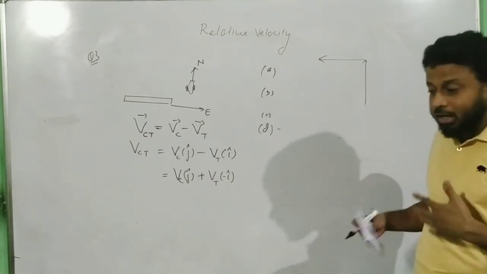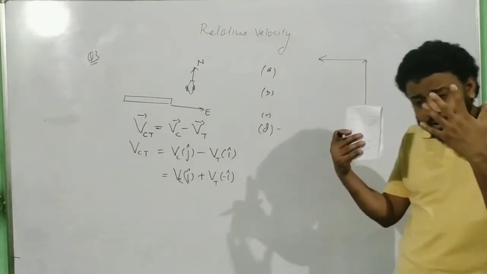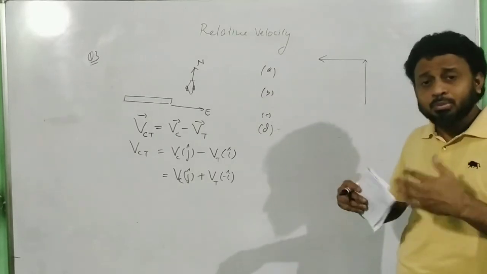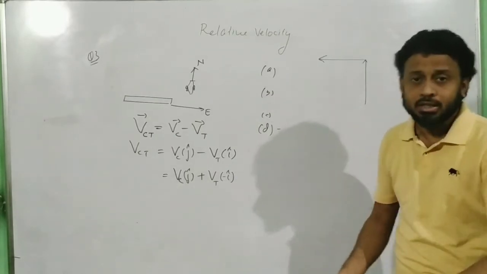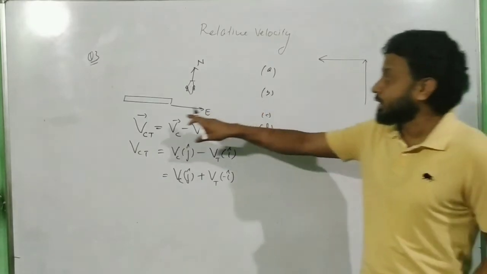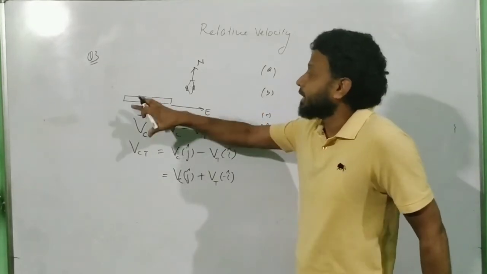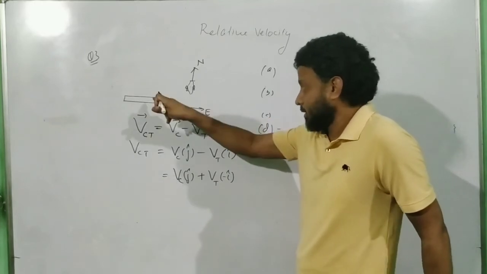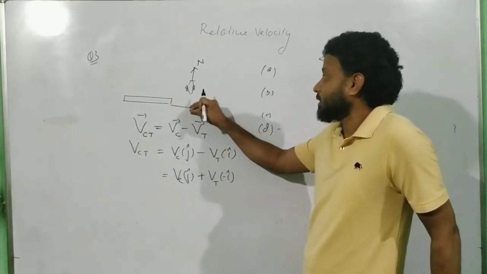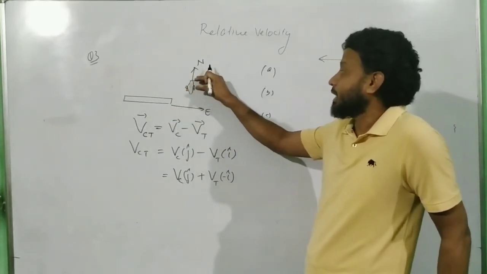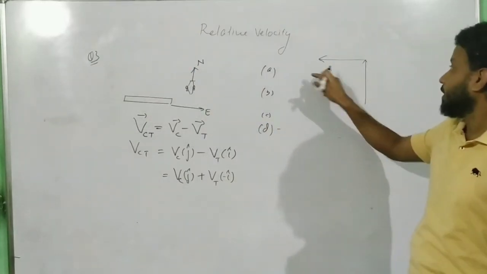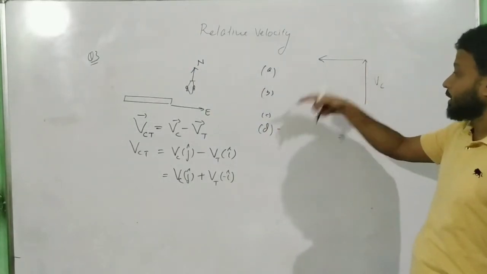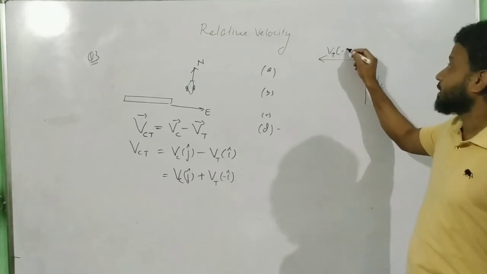So if the observer is moving, make it rest and provide its velocity to the object in the opposite direction. So this train was moving in this direction, make it rest. Just command rest. And then give this velocity to the car in the opposite direction. So this is the car, and this was the train velocity minus i cap.